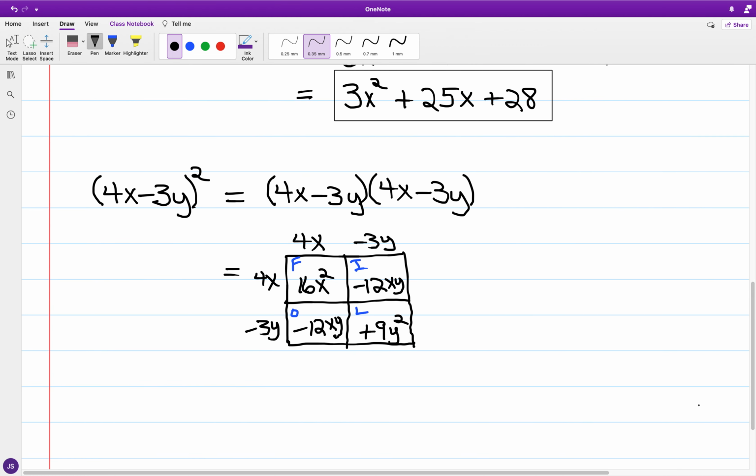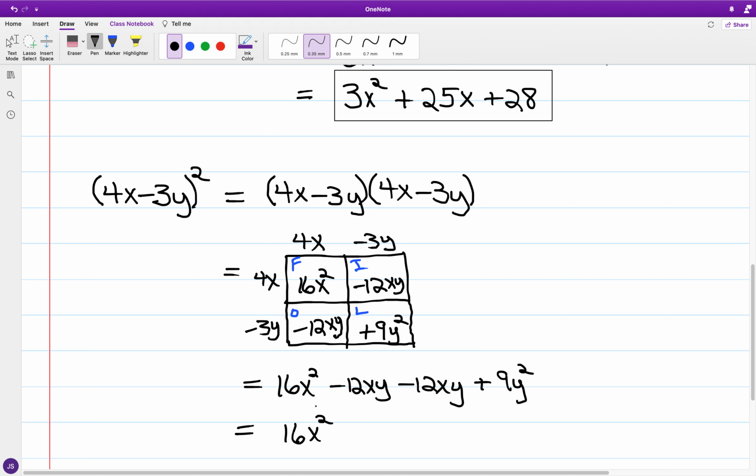And so for the follow-through, you have 16x squared minus 12xy minus 12xy plus 9y squared. In the completion, we have 16x squared, which is the only second degree term in the letter x. Now minus 12xy and minus 12xy are like terms.